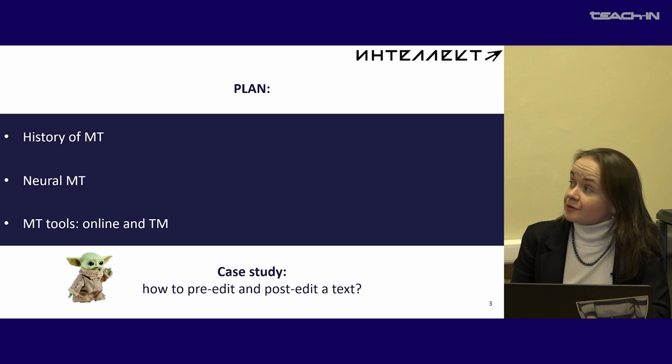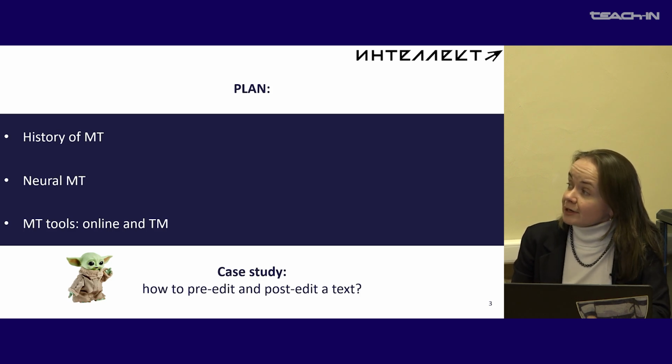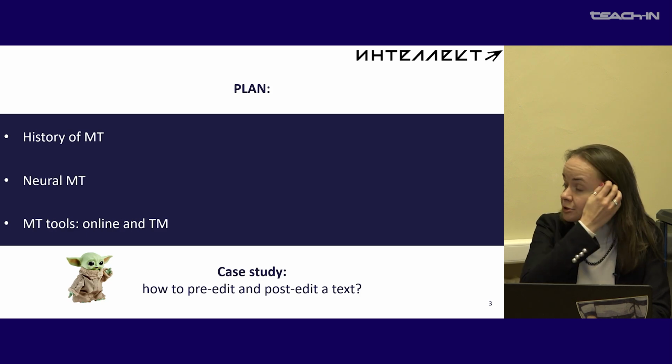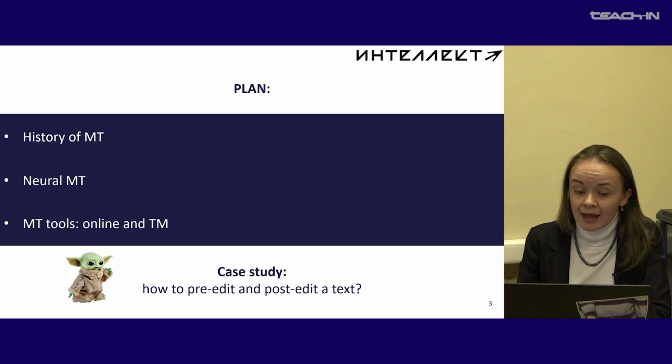Then we'll go on with neural translation, trying to figure out how it all happened, that now it's much better than it used to be. And finally, we will discuss some machine translation tools which are user-oriented online, and some professional tools as well.